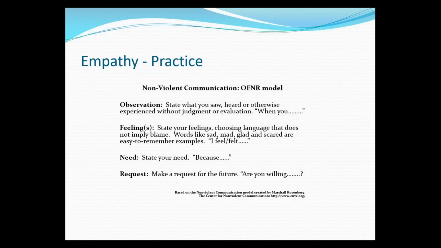There might be an occasion where something happens in a meeting and it sets off such a high intense emotional response for you that you might have to wait and do this after the meeting, when you have collected yourself and have a better understanding of what actually transpired and what's underneath the feelings that emerged for you.